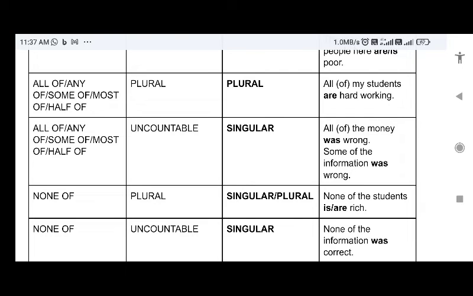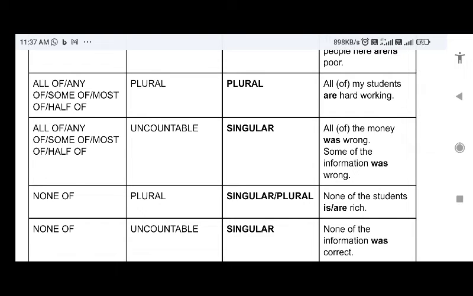In case these phrases are joining uncountable nouns, then you have to make the verb singular. Most of the time, I'm telling you students, uncountable nouns take a singular verb, except some exceptions. So any of, all of, some of, most of, half of, if they are joining uncountable nouns, then the verb will be written in singular.